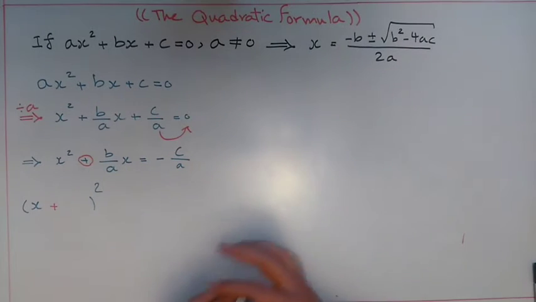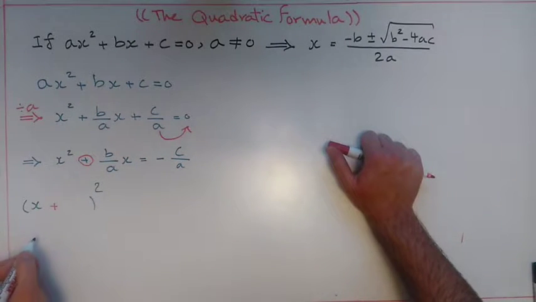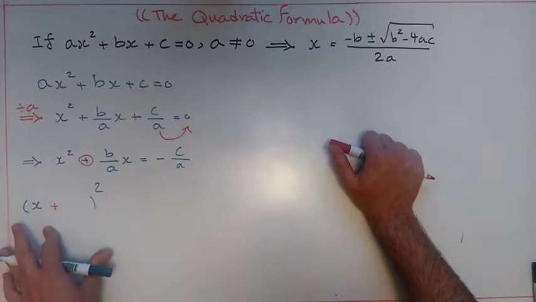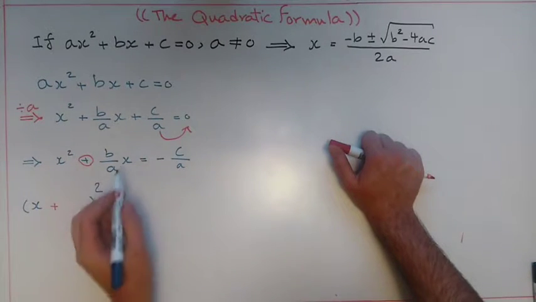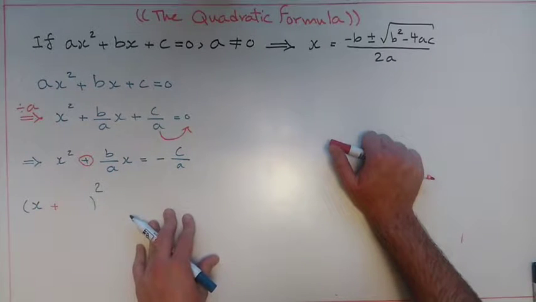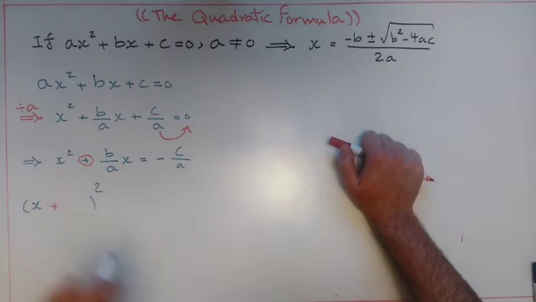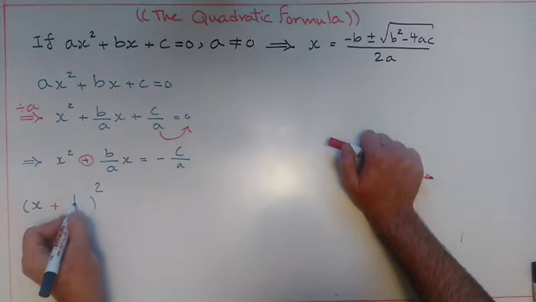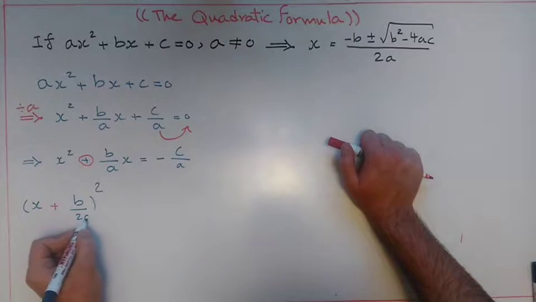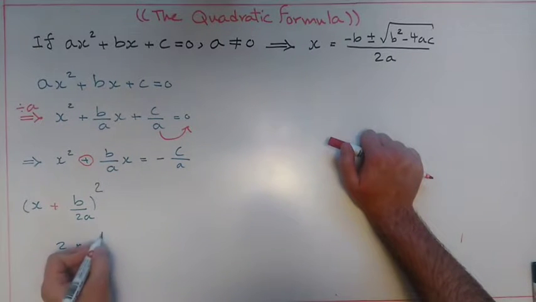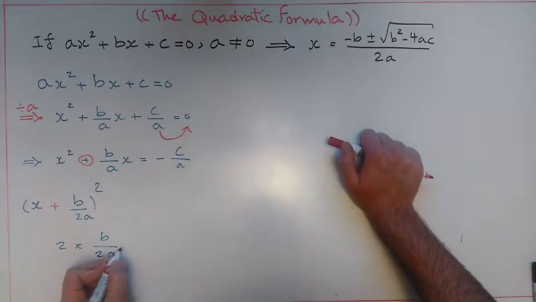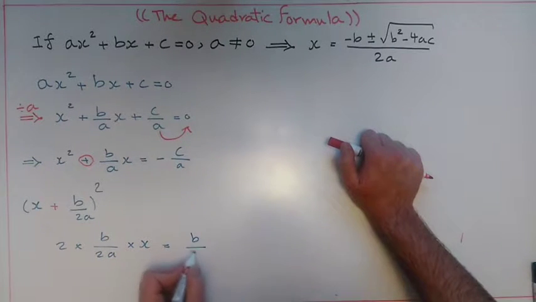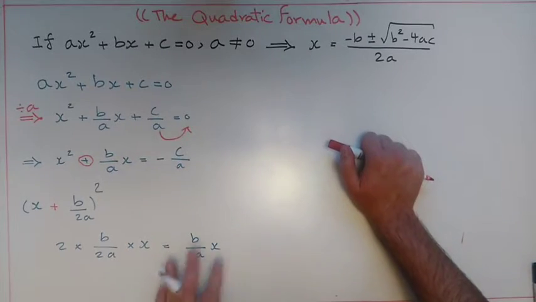Now, what is a number that if I multiply it by 2, then multiply it by x, gives me b over a times x? If you think about it, it is b over 2a, because 2 times b over 2a times x gives me b over a times x.